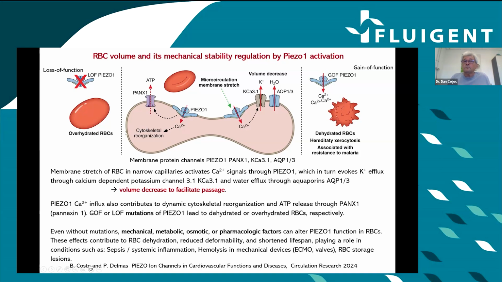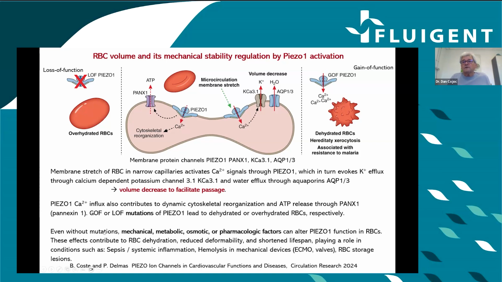Then if there are mutations, like loss of function or gain of function, these are manifested in overhydrated or dehydrated red blood cells, which is found in hereditary xerocytosis associated with resistance to malaria.